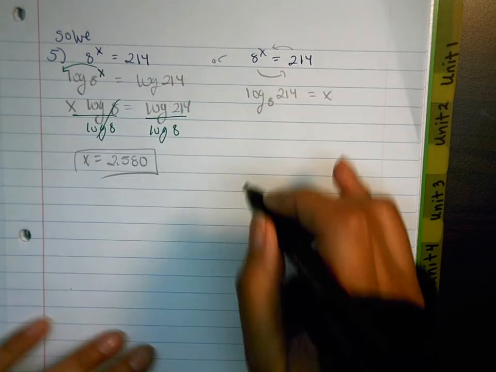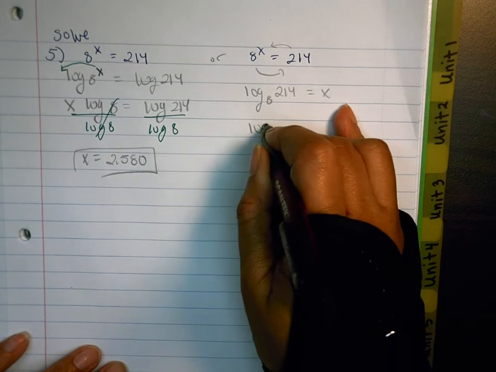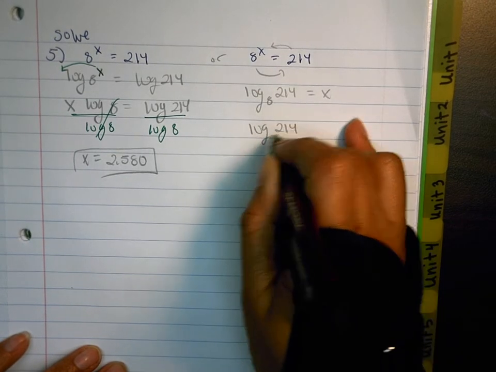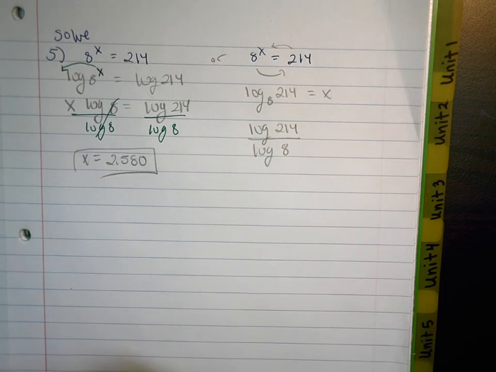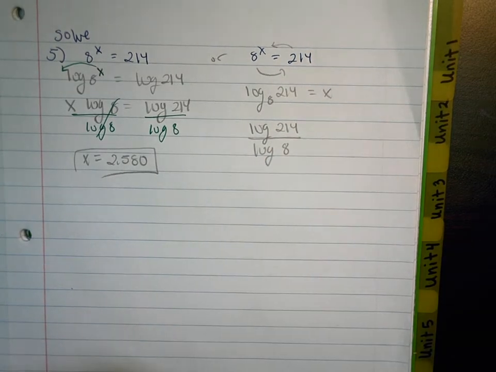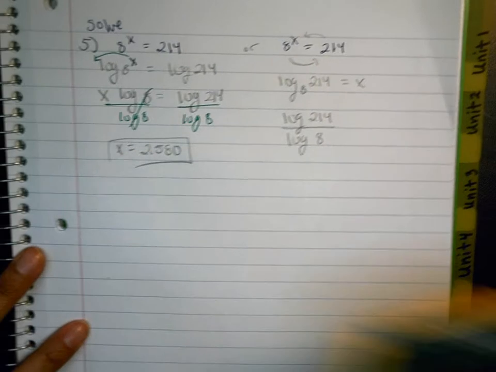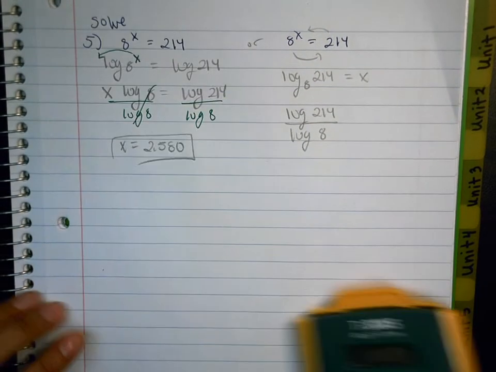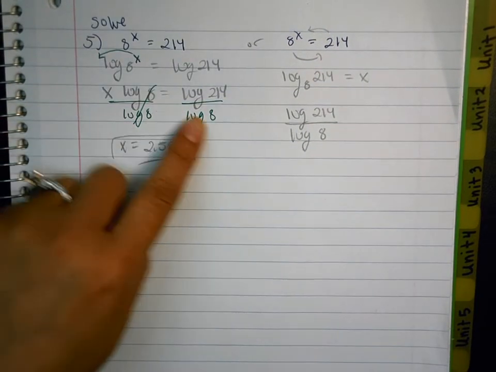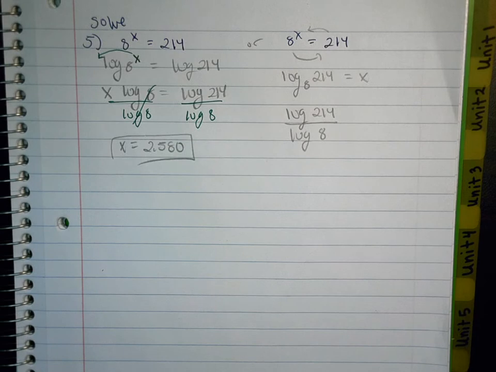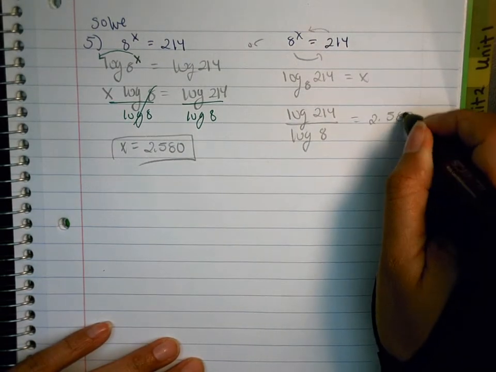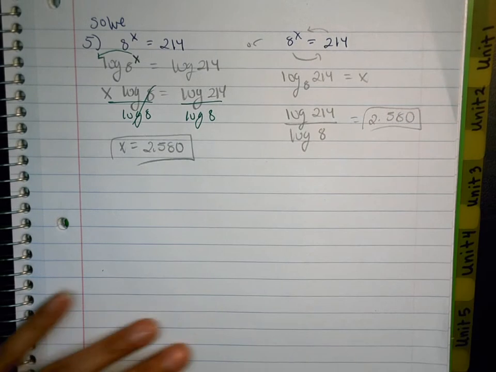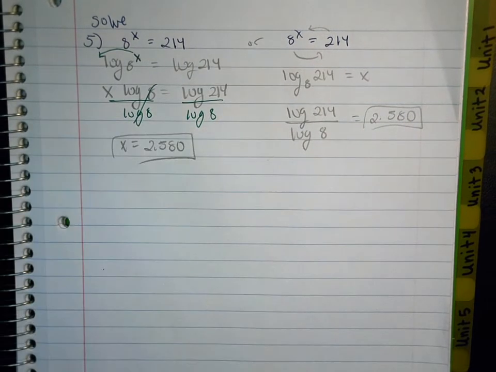And then use your change of base, log of the a value, 214, divided by log of your b value, log of 8, and then divide. Log of 214, we did that already. Log of 214 divided by log of 8 equals 2.580. So your choice on which one you want to use.